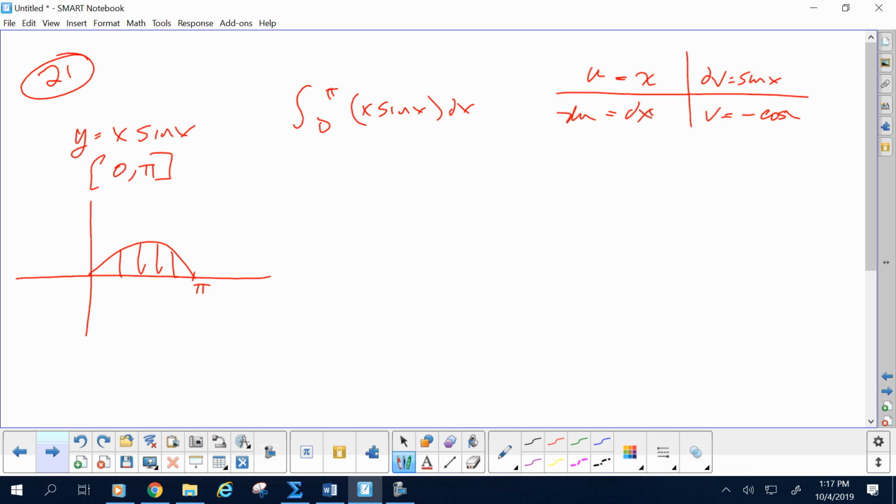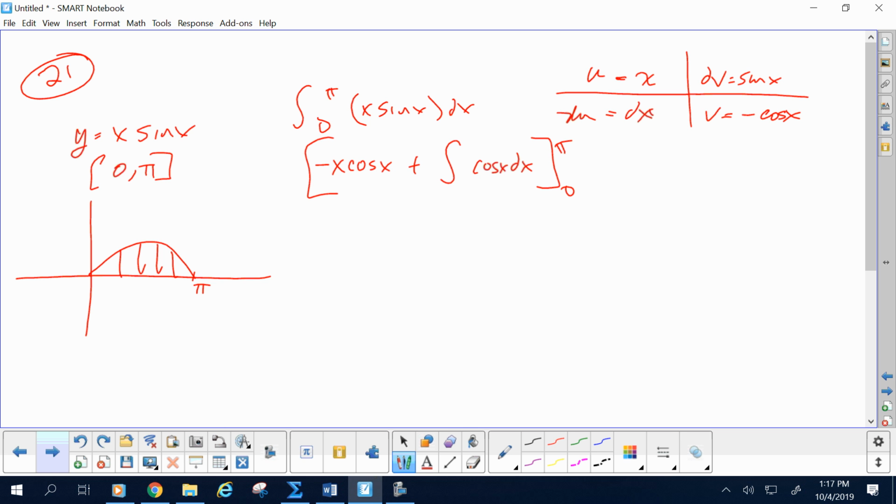It's negative cosine. All right, so this would be something like uv, negative x cosine of x. I would take the negative out of the integral and combine it with the subtraction to be positive: cosine of x dx. And as far as the limits, you could either do an evaluation bar here and do them there, or you could just say, hey, I'm about to evaluate this once I'm done.